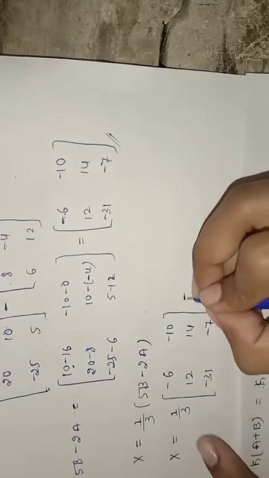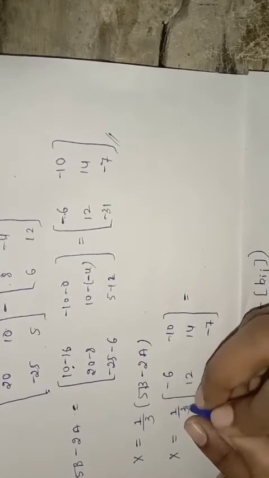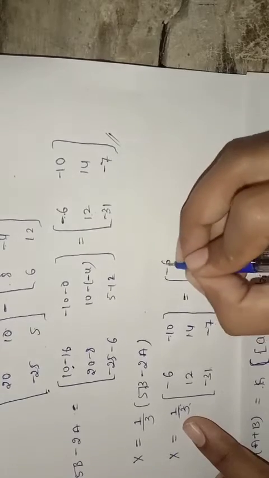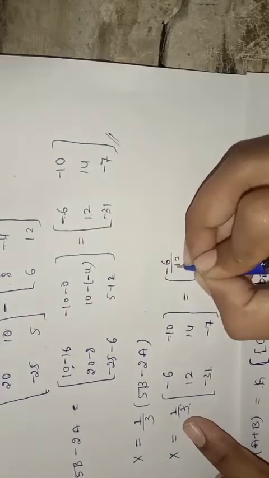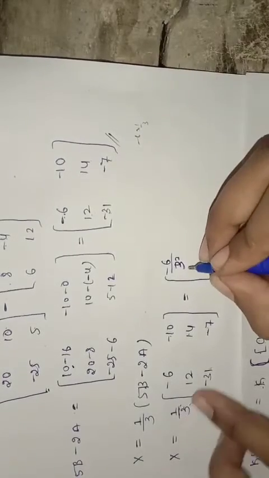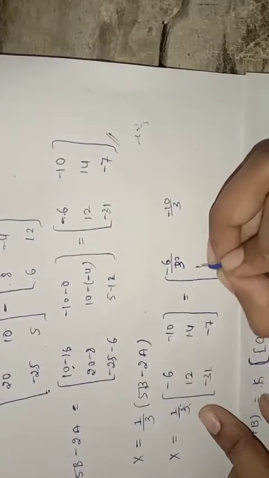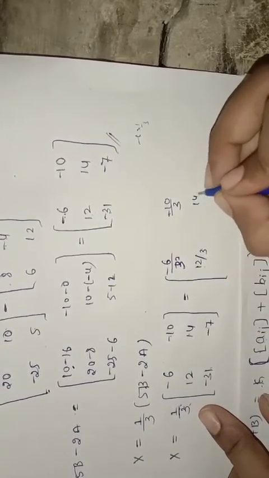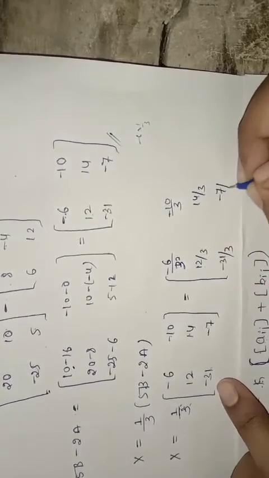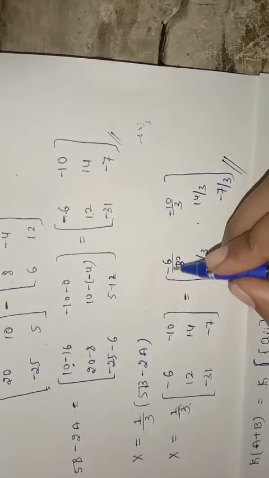So if you multiply 1 by 3 to each entry in the matrix, what happens? Minus 6 divided by 3. See, minus 6 into 1 by 3 is minus 6 by 3. Okay, so we have minus 10 by 3 and we have 12 by 3 and we have 14 by 3 and we have minus 31 by 3 and we have minus 7 by 3. So this is the matrix X.